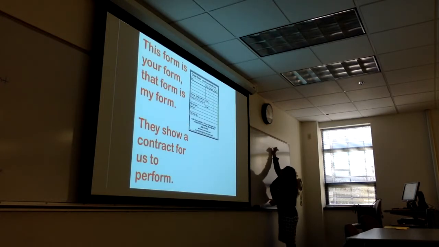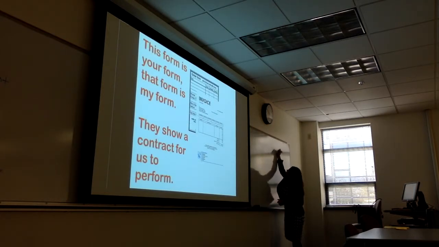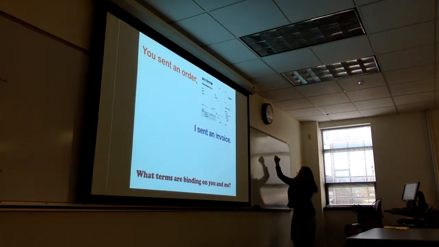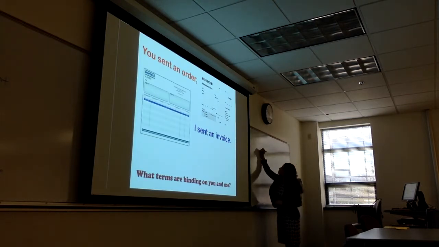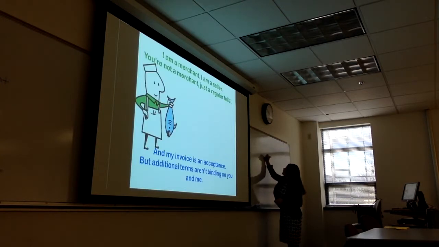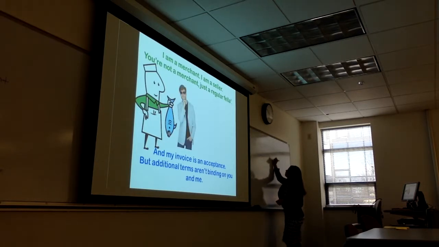This form is your form, that form is my form. They show a contract for us to perform. You sent an order, I sent an invoice. What terms are binding on you and me? I am a merchant, I am a seller. You're not a merchant, just a regular fella.